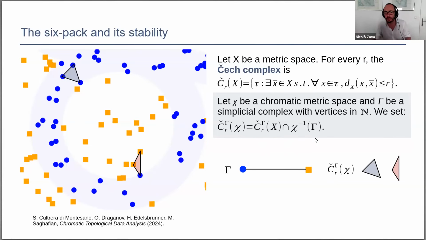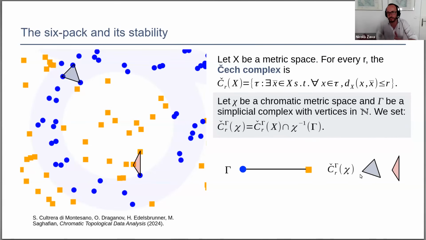Let's go directly to an example. Two colors are more than enough. What if gamma is the segment that connects blue and orange? Well, then both triangles have vertices that are either blue or orange, so they live inside this subcomplex.